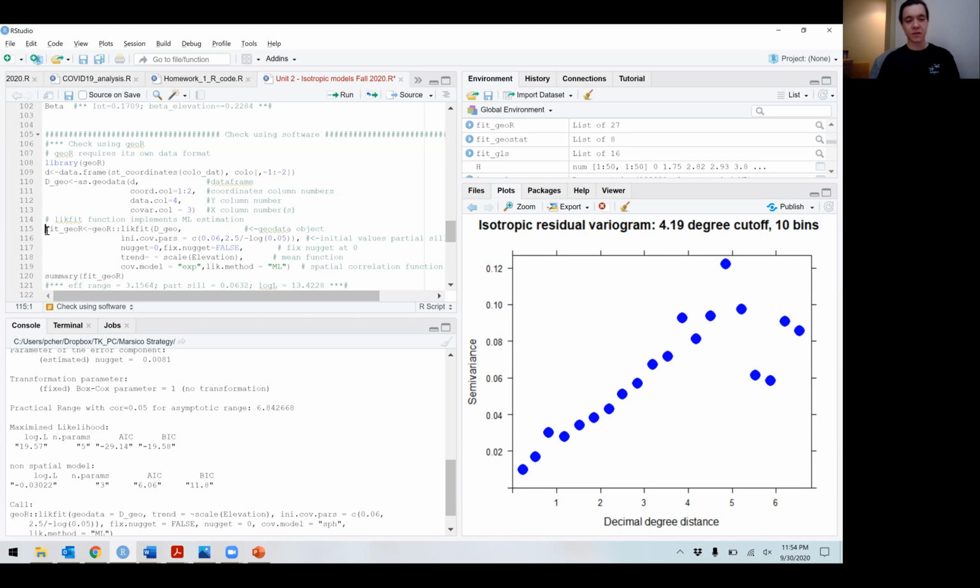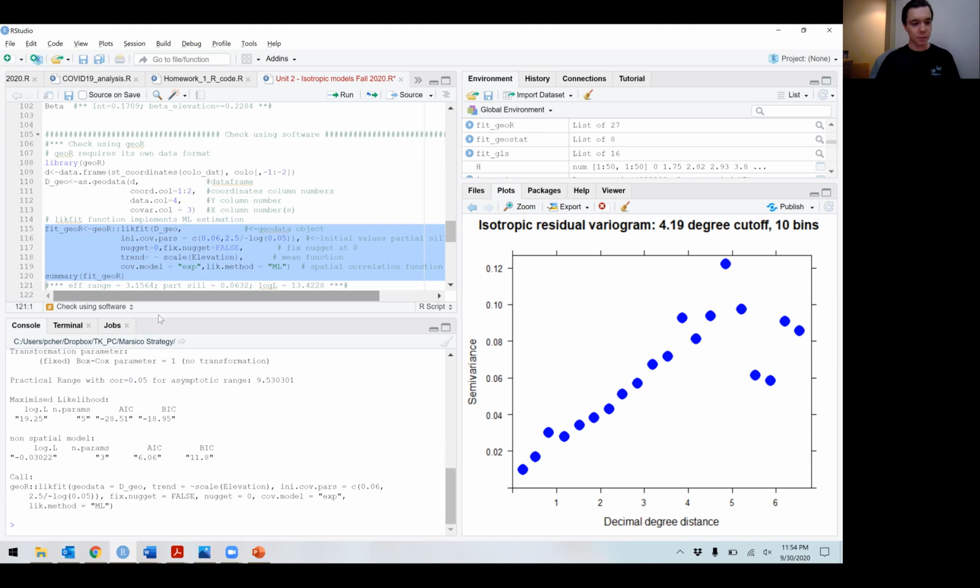We know that a smaller AIC is preferred. With the exponential, it's minus 28.5. With the spherical, it's I think minus 29.1. Does that indicate that we have evidence in favor of the spherical model?